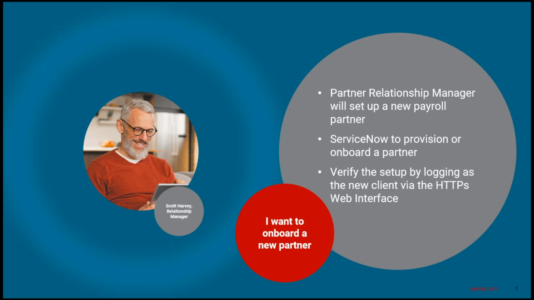And this back and forth between the partner, the data transmission team, and people like Scott goes on and on. And you can still do that, but in our case, we are taking a different approach. In our case, Scott is going to use ServiceNow to onboard ADP and provision details for them to connect to the gateway. So let's look at the demo.